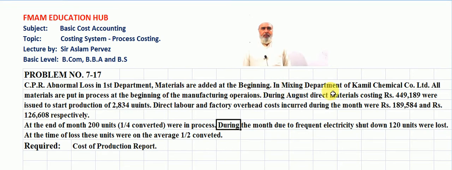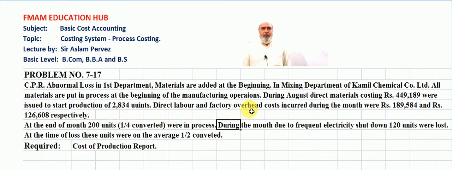In the mixing department of Kamil Chemical Company Limited, all materials are put in process at the beginning of the manufacturing operation. During August, direct material costing rupees 4,49,189 was issued to start production of 2,834 units.